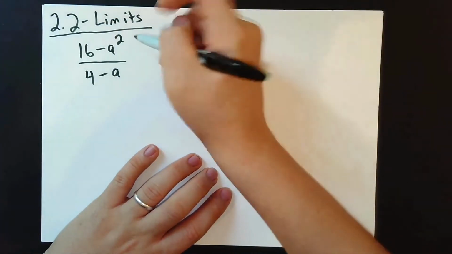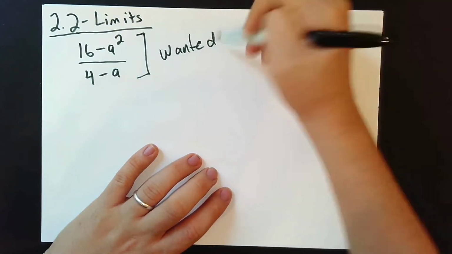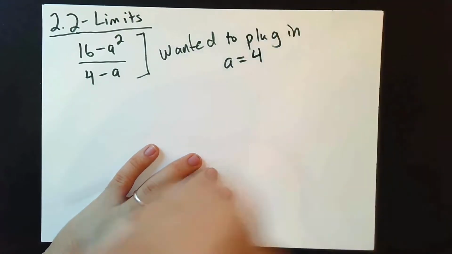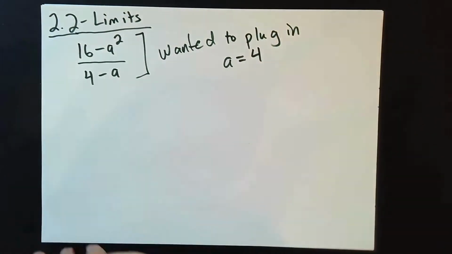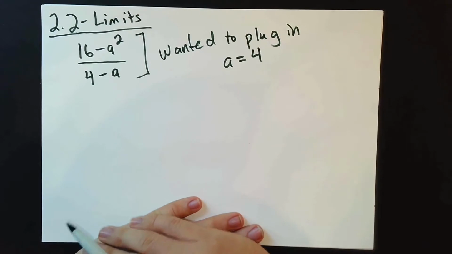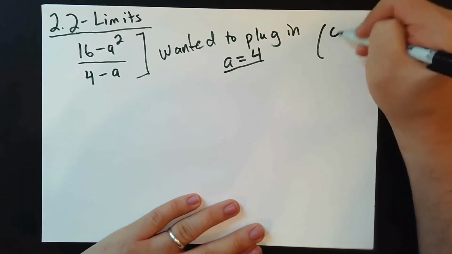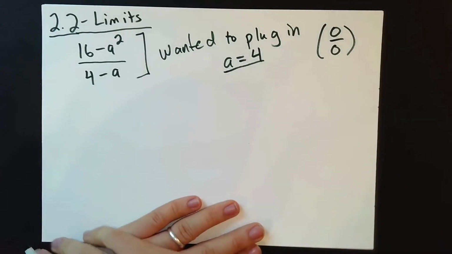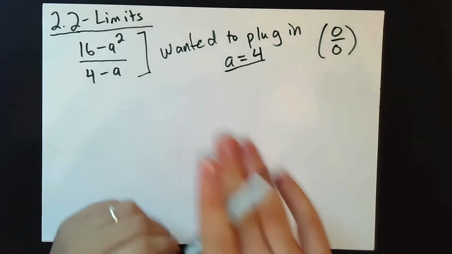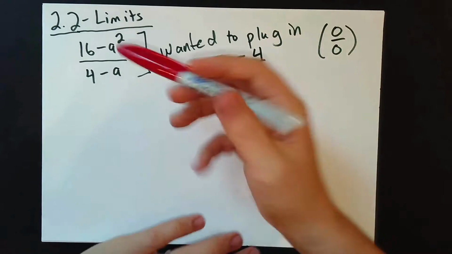And what did we want? We wanted to plug in a equals 4. But we had this problem that if we did plug in a equals 4, then we got 0 over 0. And that was super unhelpful. So what did we do?